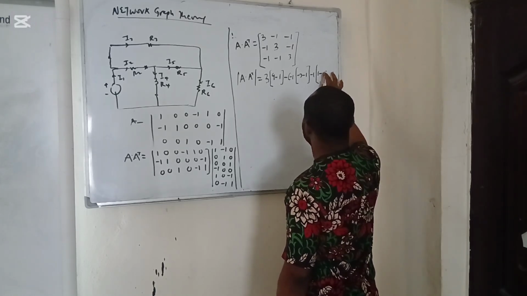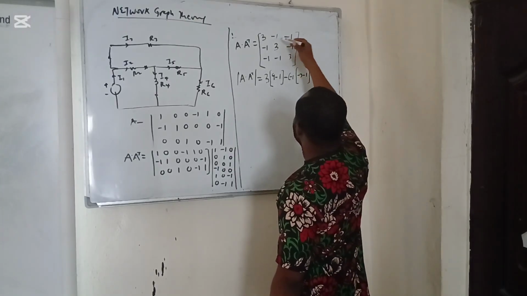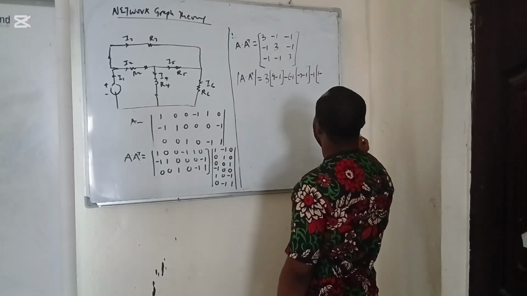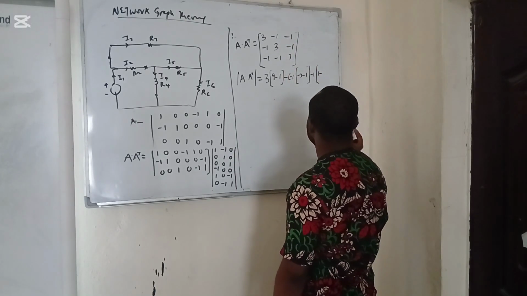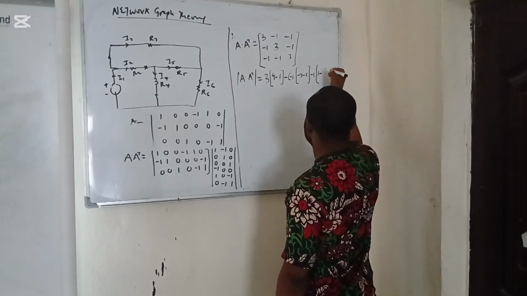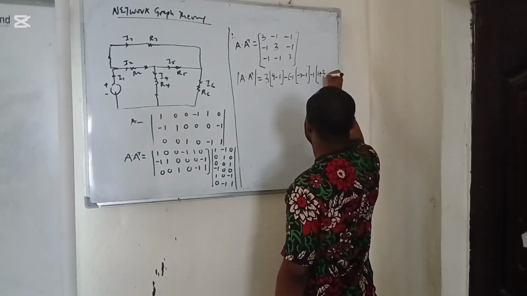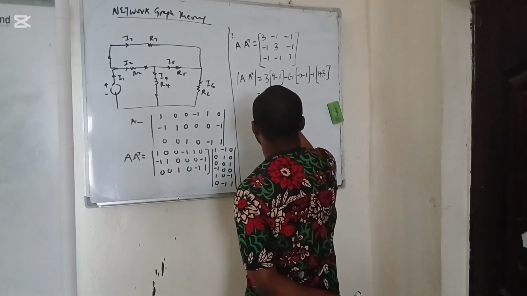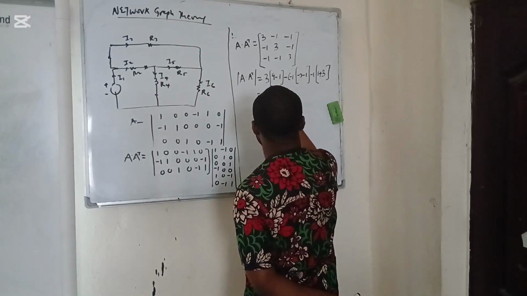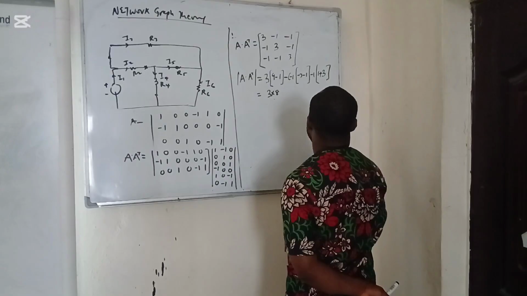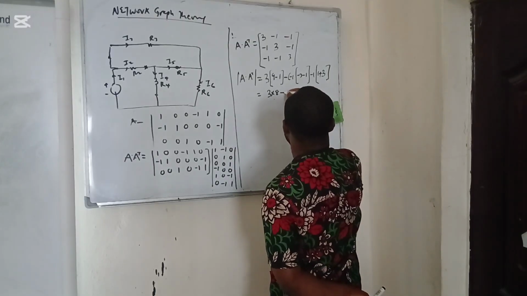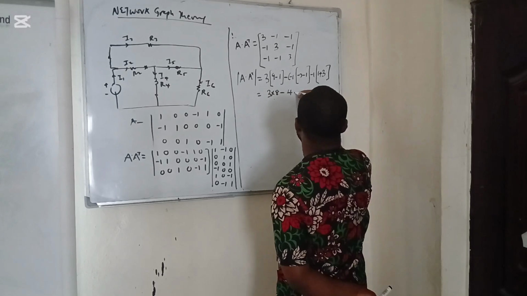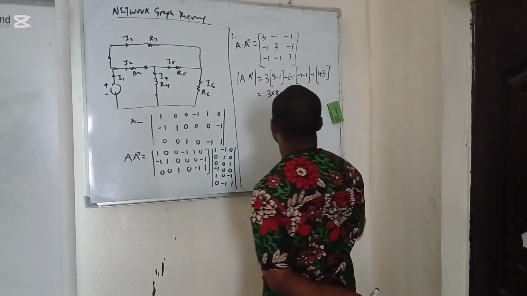Minus, so this times this, that is 1. This times this minus 3. So minus 3, we have 4. So we have 3 times 8 and plus, okay, minus 4. We have minus 4.